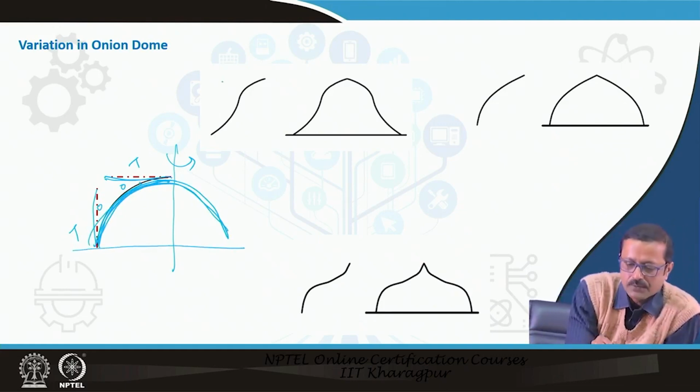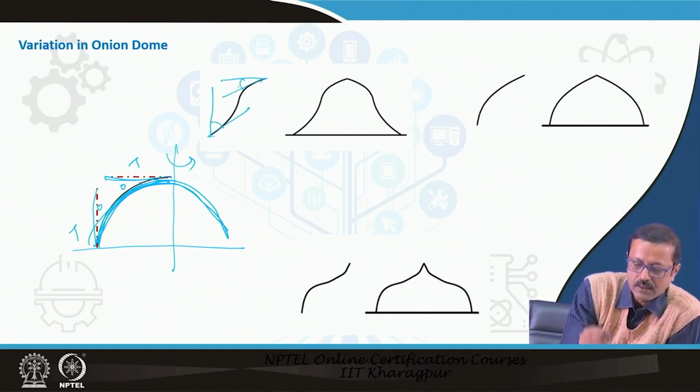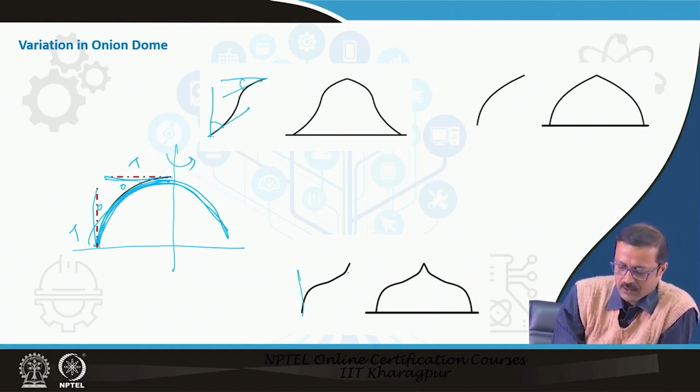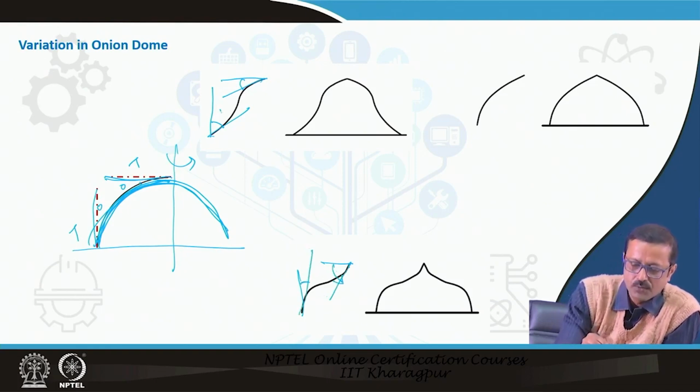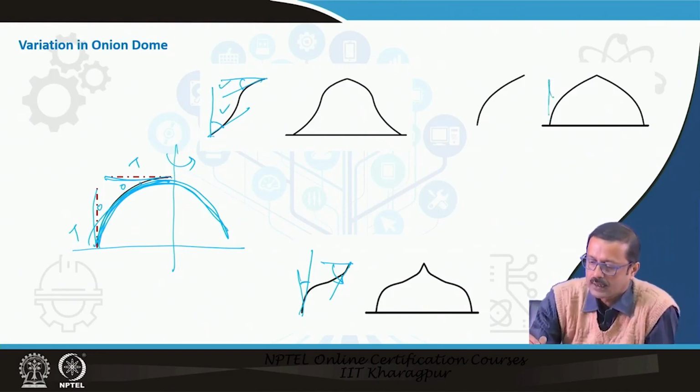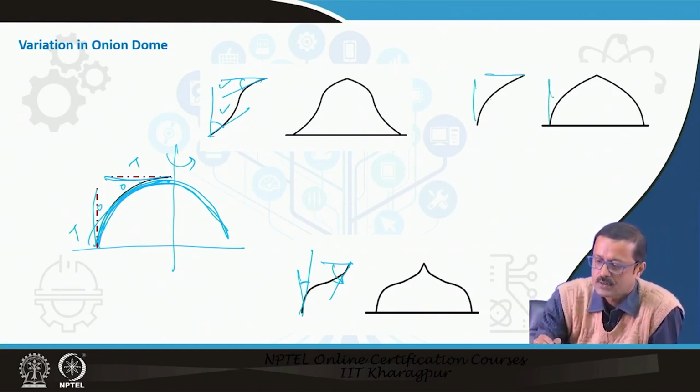But if you have the tangent like this, having some angle, then by virtue of the variation of the angle, this is smaller, this is wider, both are equal here, and here both are smaller.